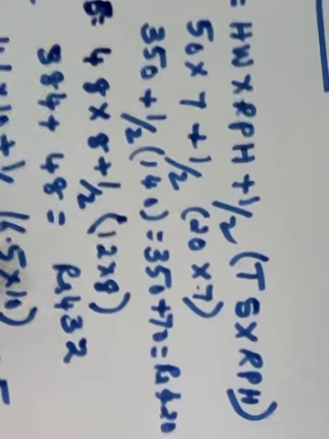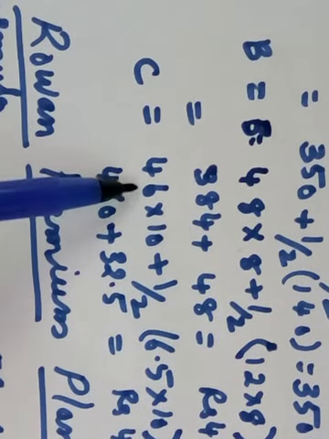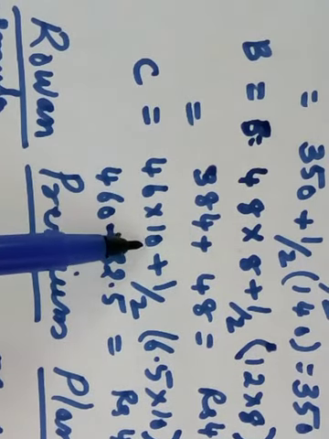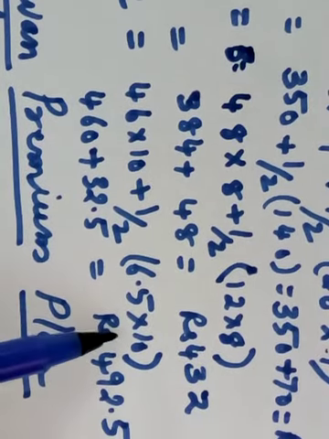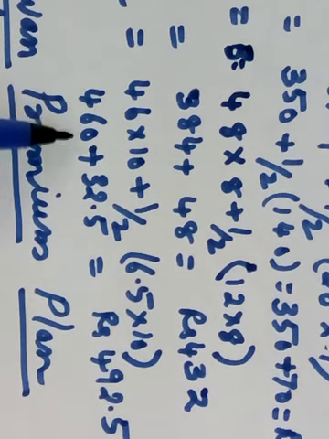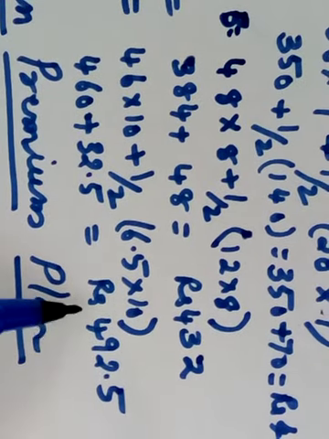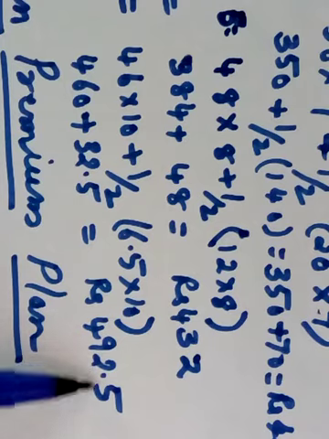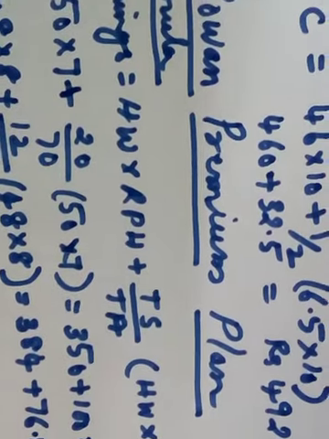In case of C, hours worked is 46 into rate per hour 10 plus half of time saved, 6.5, into rate per hour 10. So the calculation is 460 plus 32.5, and earnings of C is 492.5.